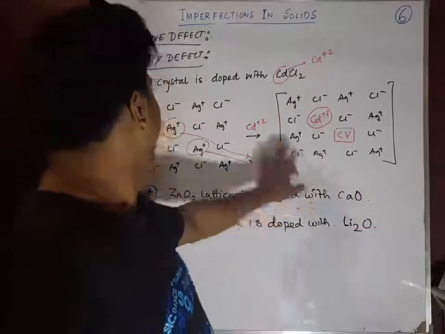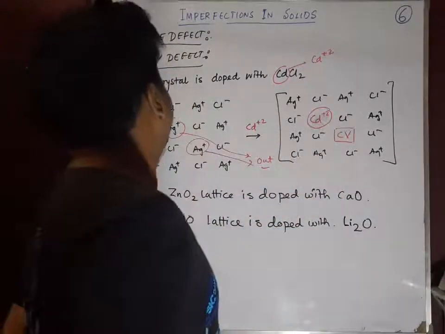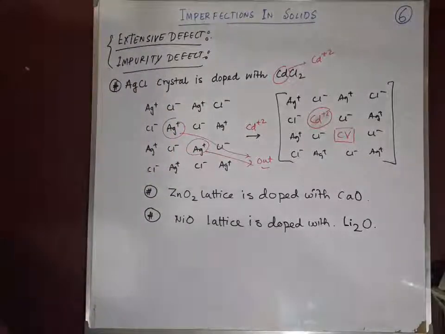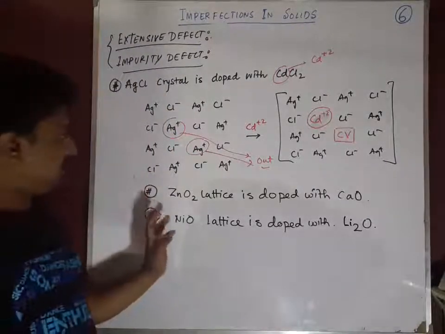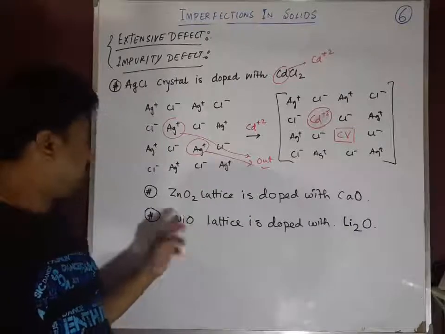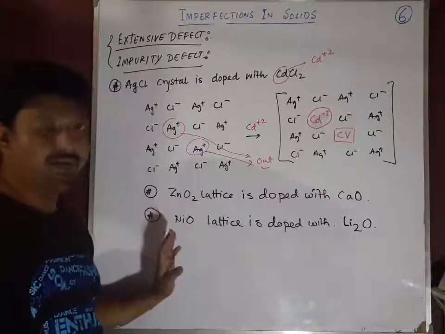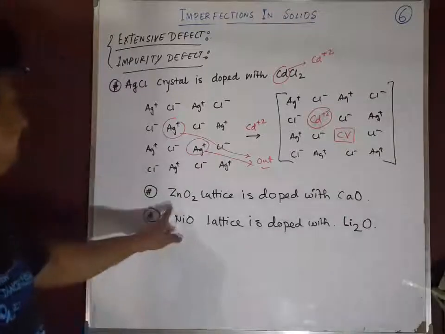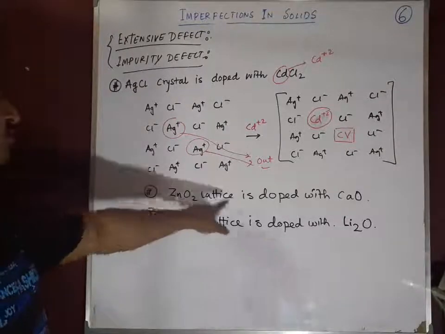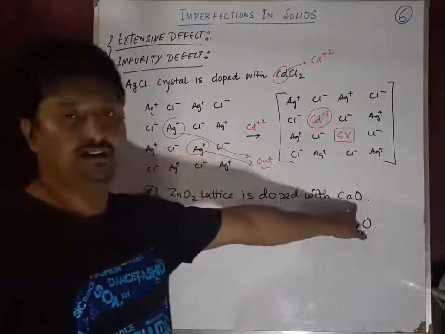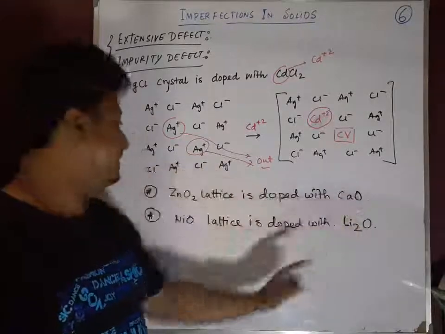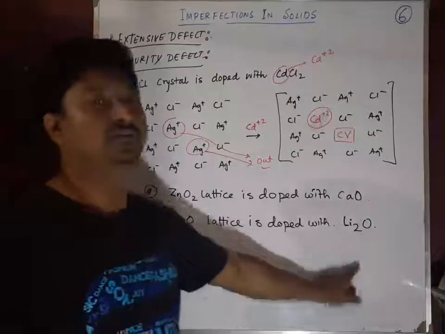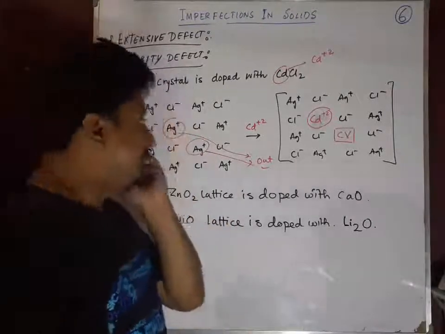This kind of effect is called impurity defect or extrinsic defect. I need you to find out and write in your assignment copy: what happens when zinc oxide lattice is doped with calcium oxide, and nickel oxide lattice is doped with lithium oxide.